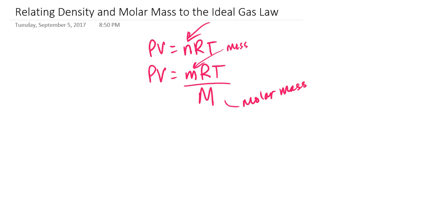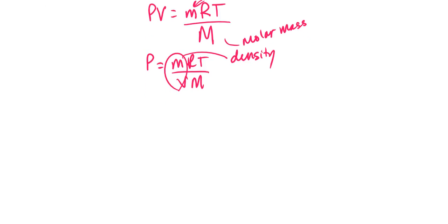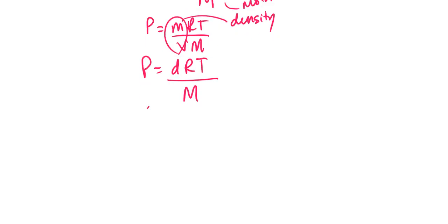And so if I rearrange this a little bit, if I move volume to the other side of the equation, mass over volume is just density. So that means that the pressure of a gas is equal to its density times the ideal gas constant times the temperature over its molar mass. Now I can do two things with this.